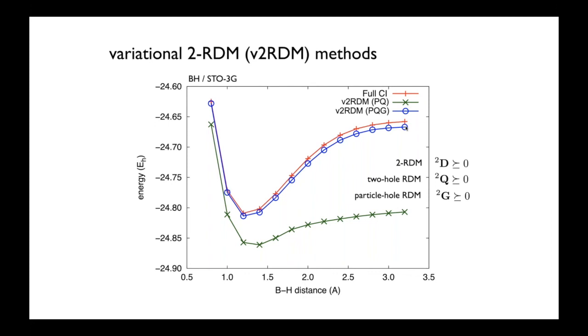Next question. What is the bottleneck for the memory requirement for the RDM approach? The active space calculation is very cheap. We need the integrals in the active space and the RDMs in the active space. What ends up being the bottleneck is storing the 3-electron integrals that we need for the orbital optimization.